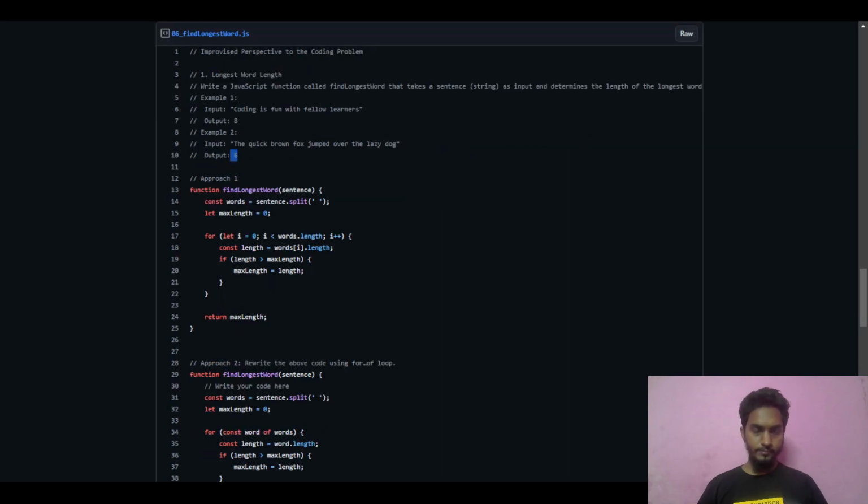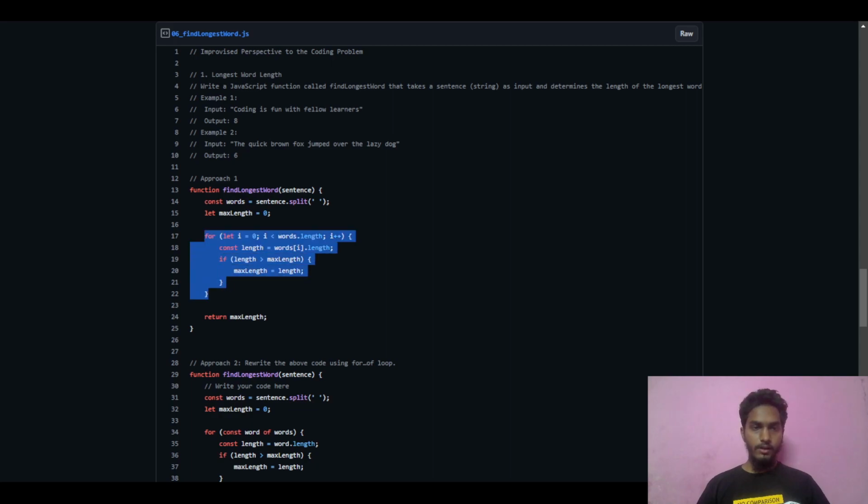So in the first approach, what we are doing is converting the sentence into words by using the split function. Whenever we see a space, it splits the sentence into words and returns the word array, and we are declaring a max length which is equal to 0.